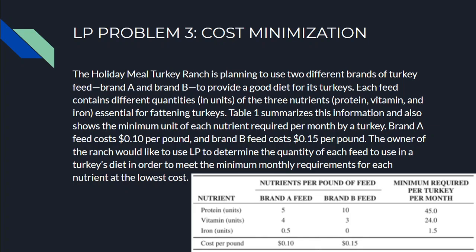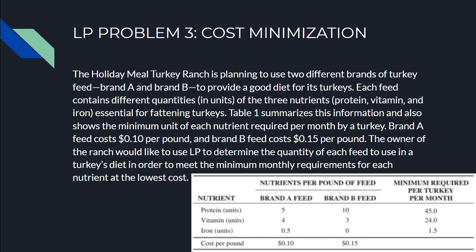Okay? So given those, we also determined that brand A feed costs 10 cents per pound and brand B feed costs 15 cents per pound. The owner of the ranch would like to use linear programming to determine the quantity of each feed to use in a turkey's diet in order to meet the minimum monthly requirements for each nutrient at the lowest cost.